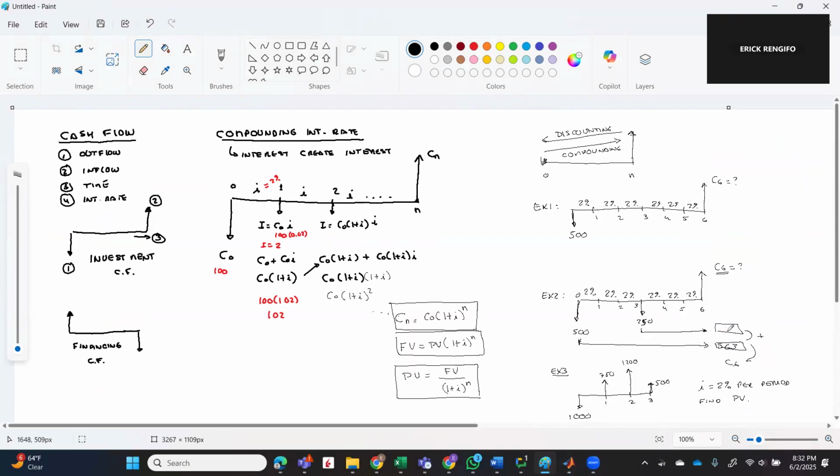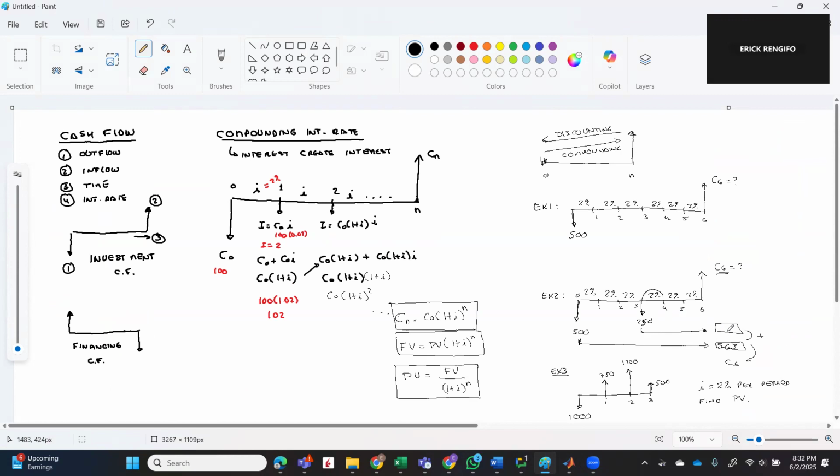Okay, so I need to find only the other value. This value is going to be my C3 times (1 plus 0.02) to the power of what, guys? How many periods do I need to move to the future?